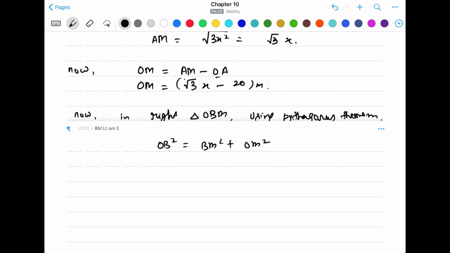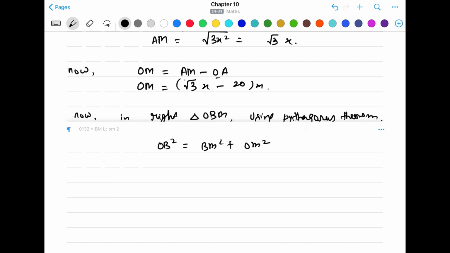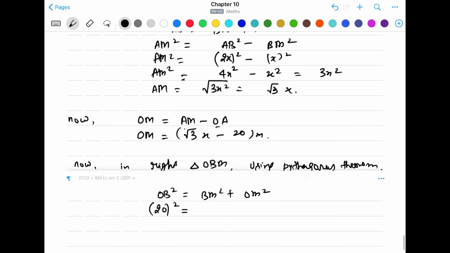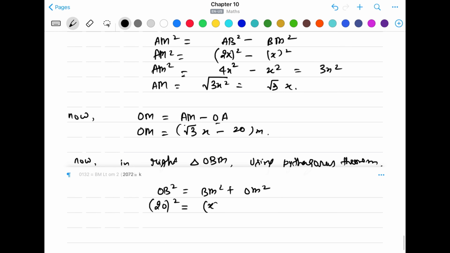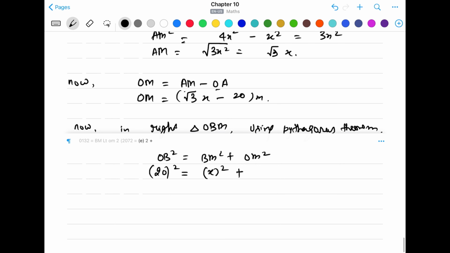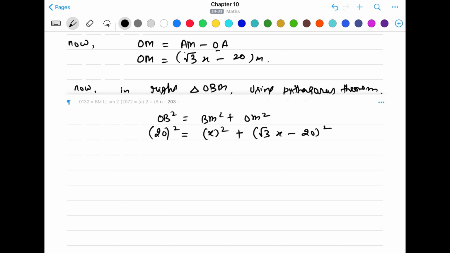So let's insert the values. OB is the radius of the circle, which is 20 meter. We have BM as x, and OM we have calculated in the above equation, that is root 3 x minus 20 whole square.